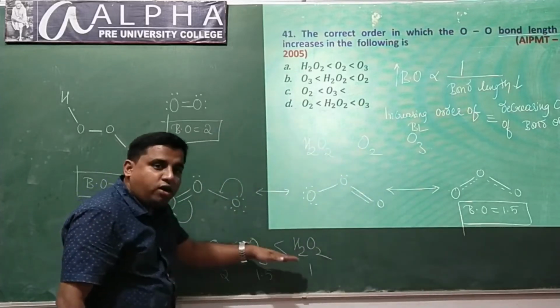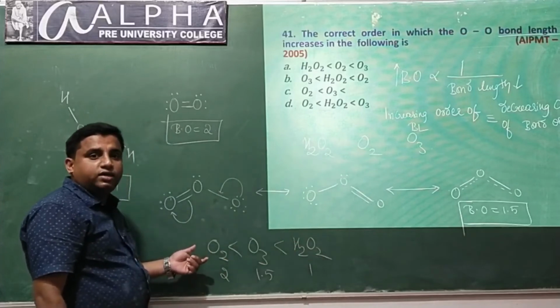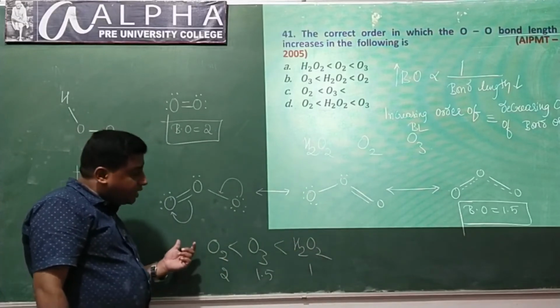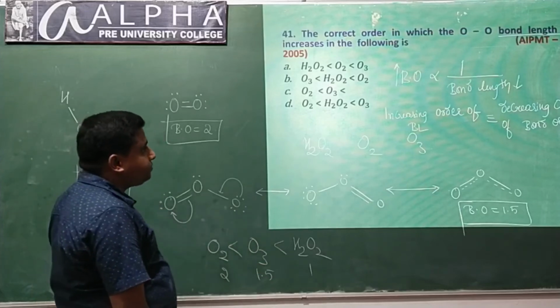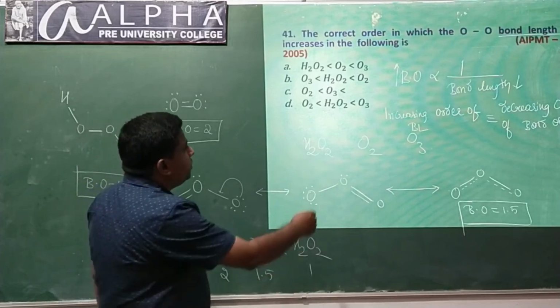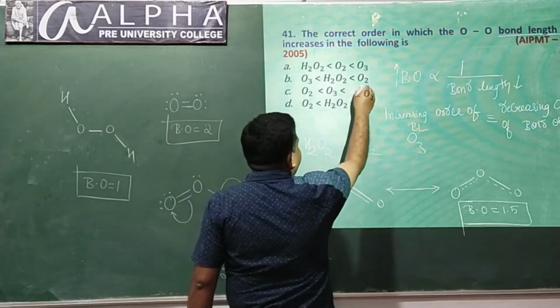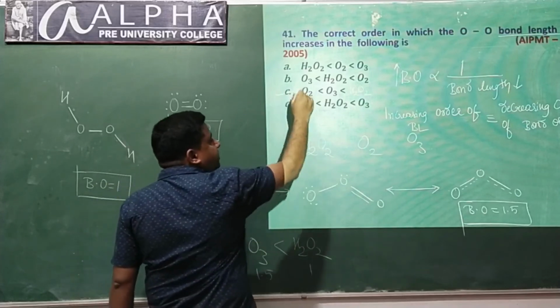If the bond order decreases, bond length increases. So this is the correct order of bond length. What is the correct answer then? Oh sorry, we have left out H2O2 here. Yes, the answer is option C.